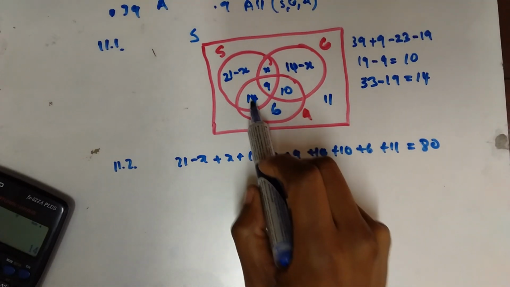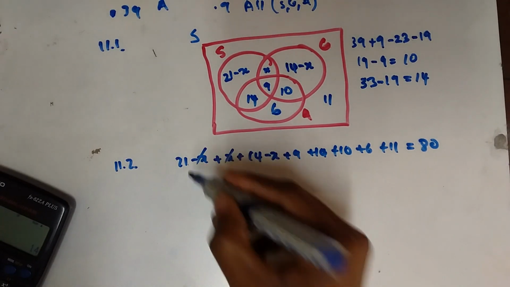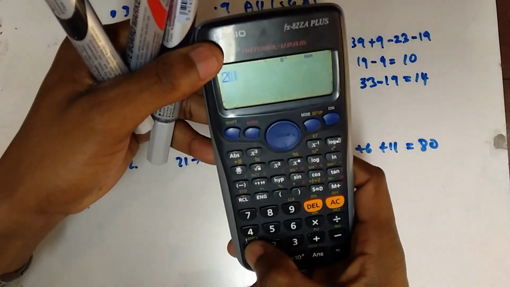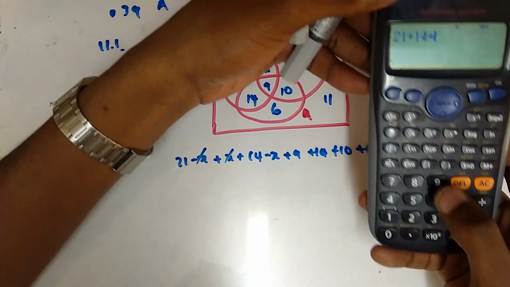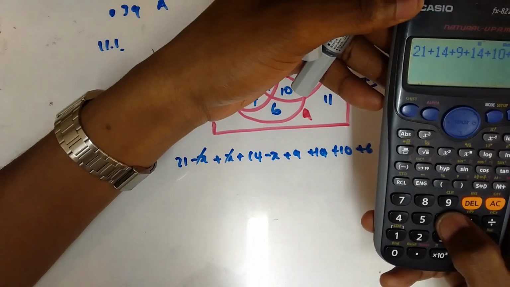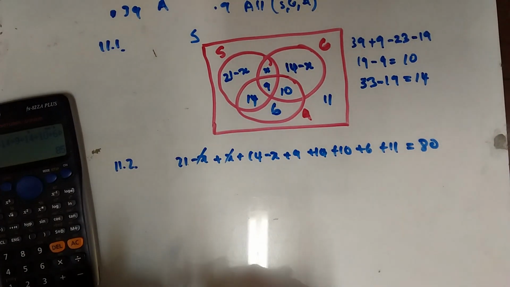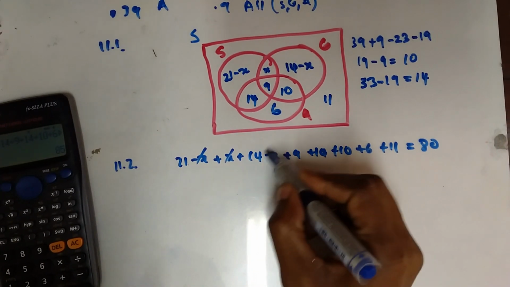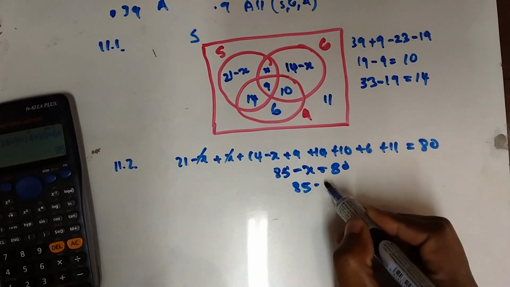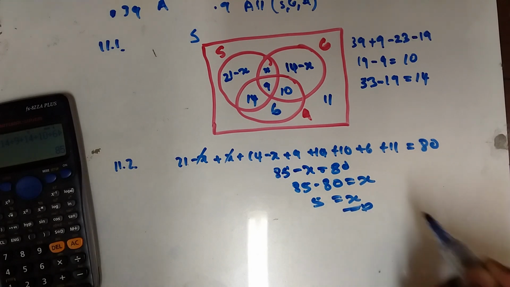As you can see, we can just take these out. So I'm going to have 21 plus 14 plus 9 plus 14 plus 10 plus 6 plus 11. That gives me 85, and there's x minus x equals 80. So 85 minus 80 is equal to x, and then 5 is equal to x. Then we have proven that.